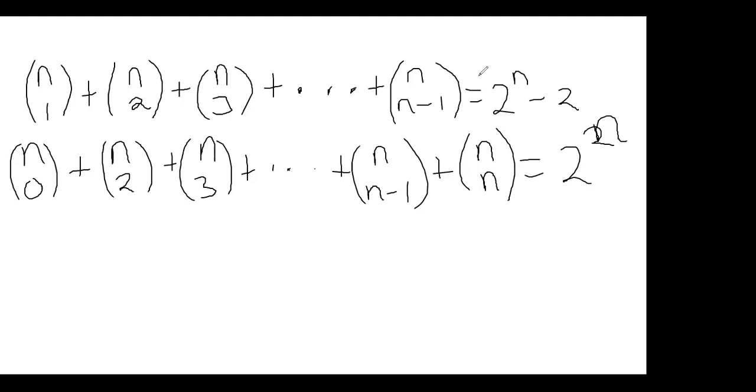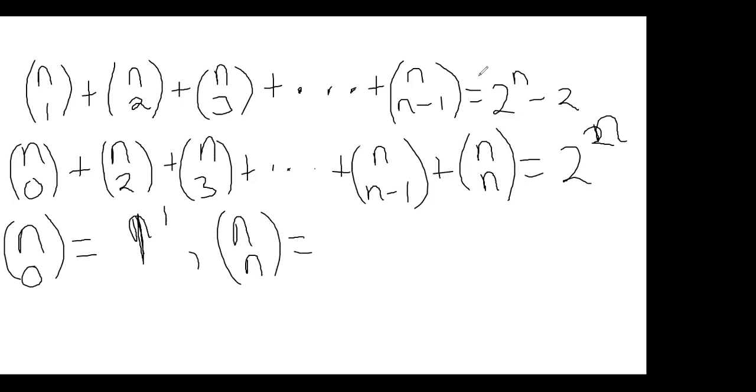Because what is n choose 0? What did we find yesterday? N choose 0 is equal to 1. And n choose n is equal to 1. I left out the n choose 1 here, and n choose 2 there.